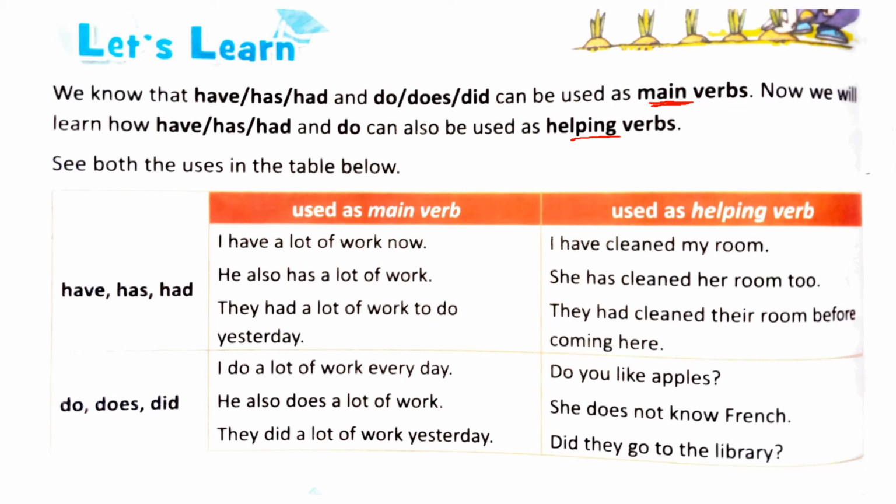They can be used to show ownership, to show any fixed programs, to talk about food, drink and eating, and to talk about illnesses, right? And when they are used as helping verbs, they help the main verb in the sentence.